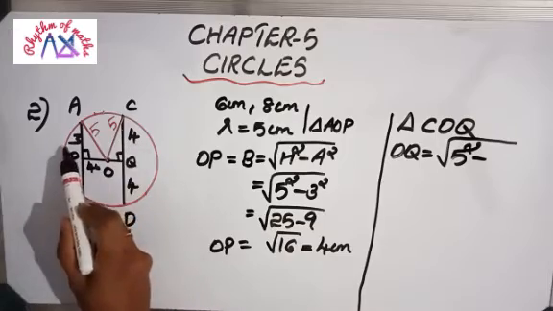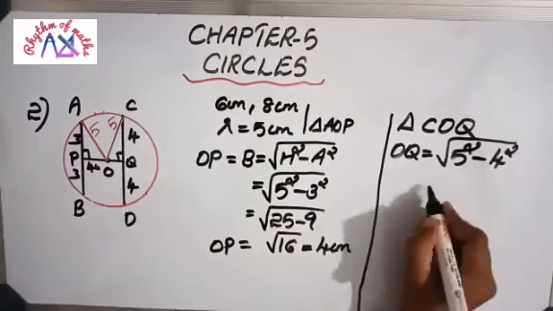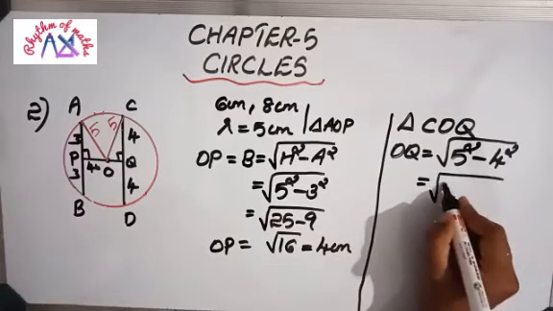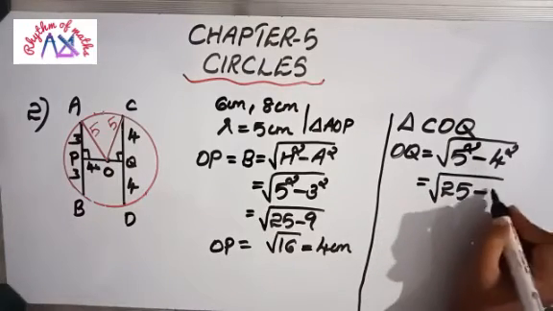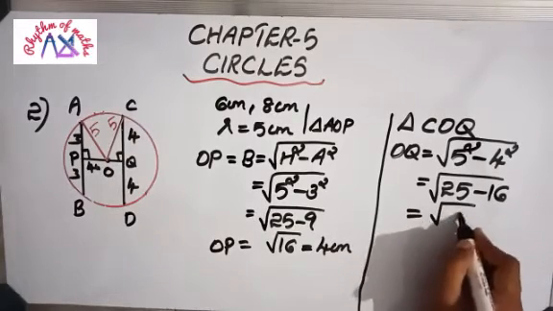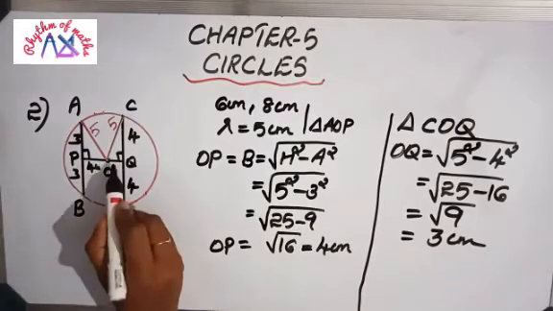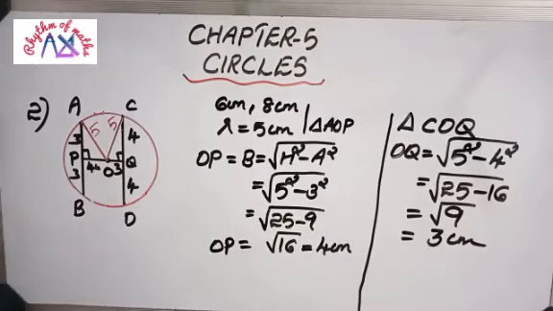Here it is 4, there it was 3. So 4 square. That is 25 minus 16, which is 9. That is 3 centimeter. So the second distance is 3 centimeter.